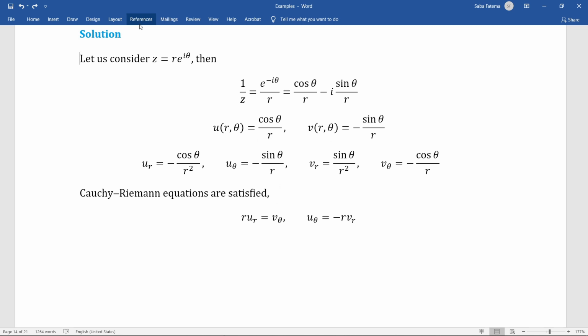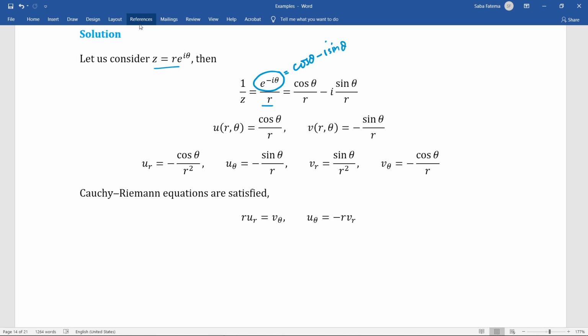Since f of z is not given in terms of x and y, we are directly using z equals r e to the power i theta. Now 1 over z can be written in this form, that is e to the power minus i theta over r. Here e to the power minus i theta can be written as cos theta minus i sin theta by following Euler's theorem.